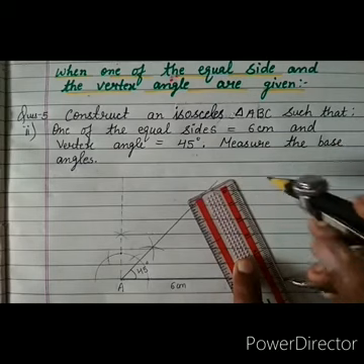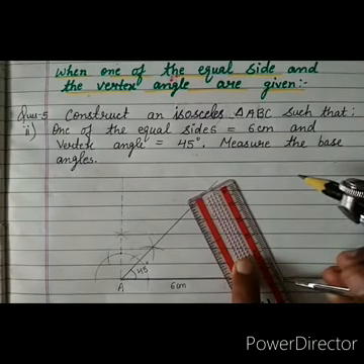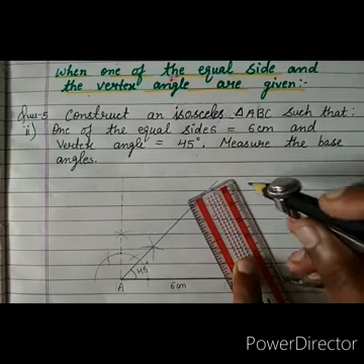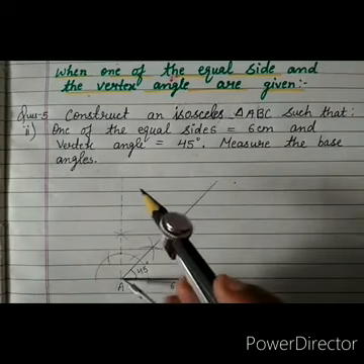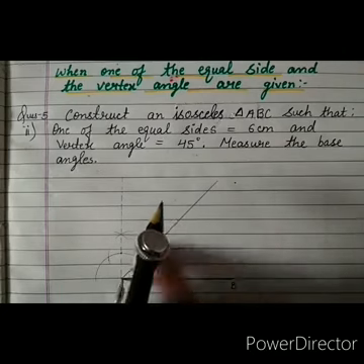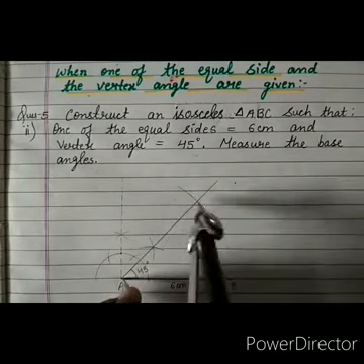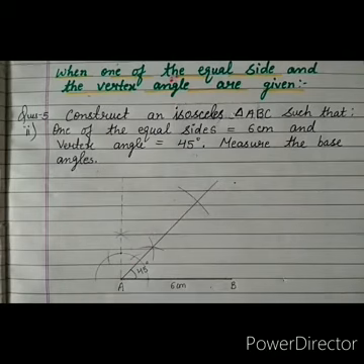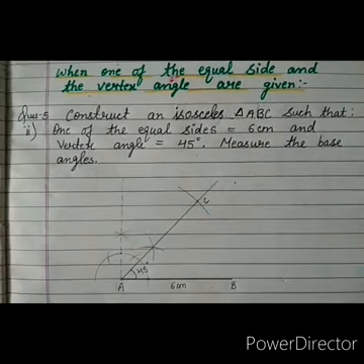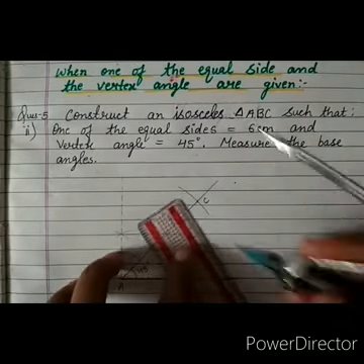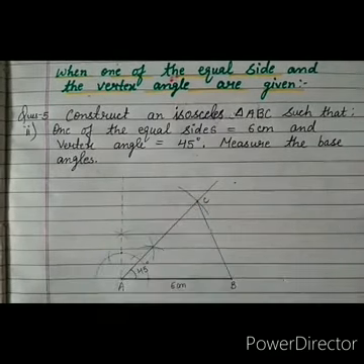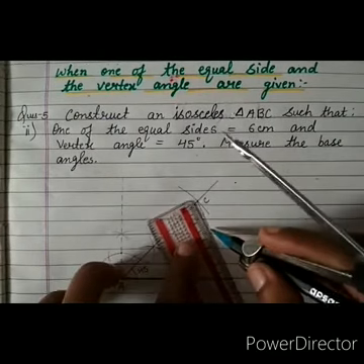In this way. Now from point A, we make an arc which will intersect this arm at a point. Take this point of intersection as point C. Now join C and B. So this is our required triangle.